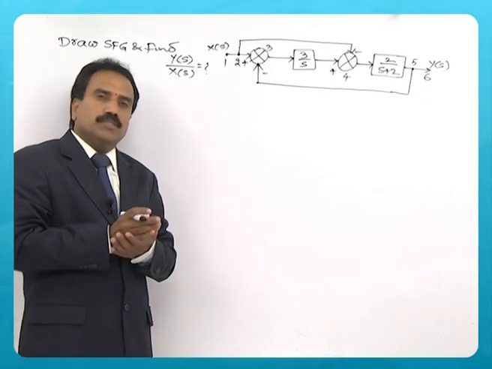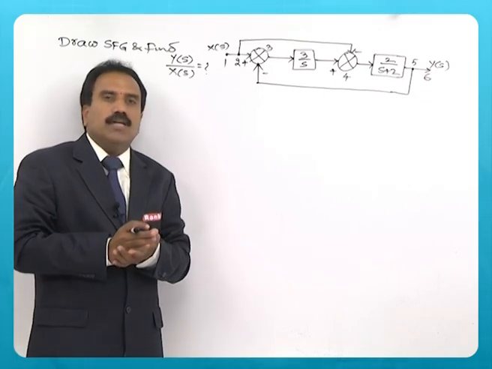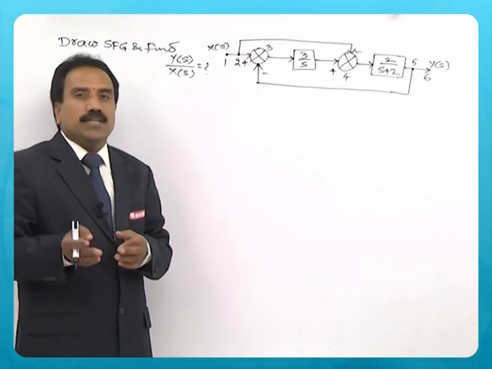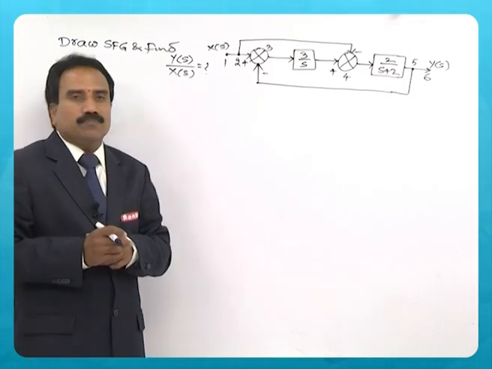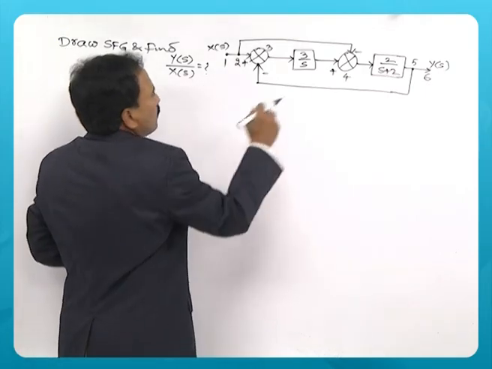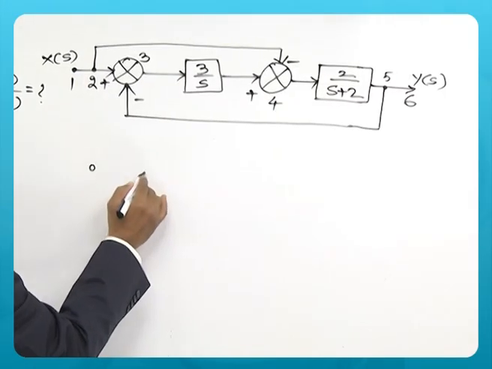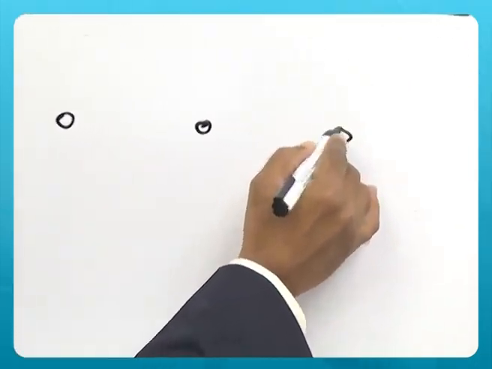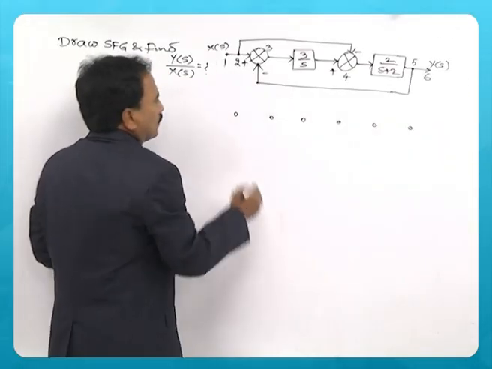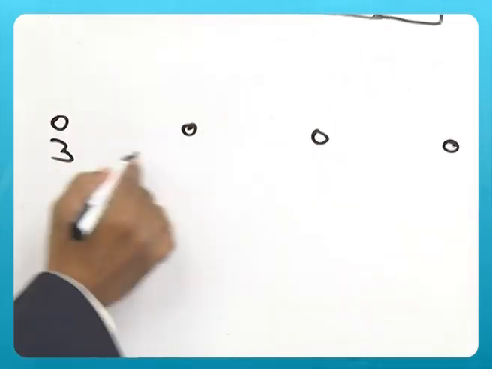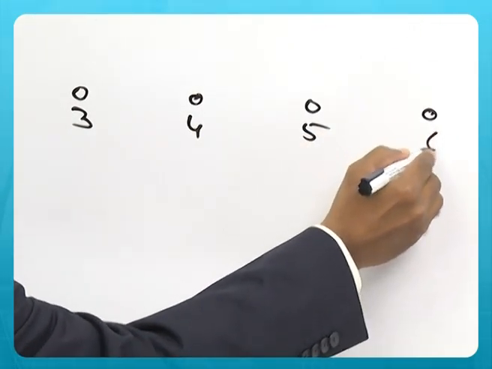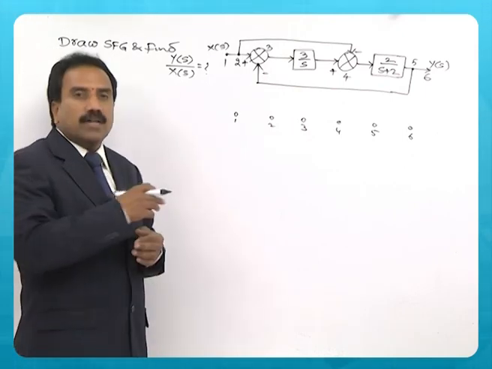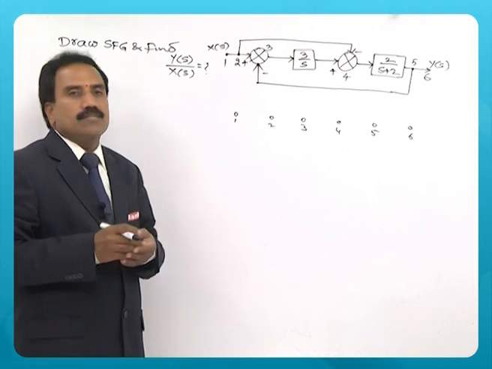All takeoff points, all summing points and input and output nodes must be numbered in the block diagram. So all these 6 nodes you need to represent: 1, 2, 3, 4, 5, 6. The numbering must be given first and then you can add the branches with respective gains.